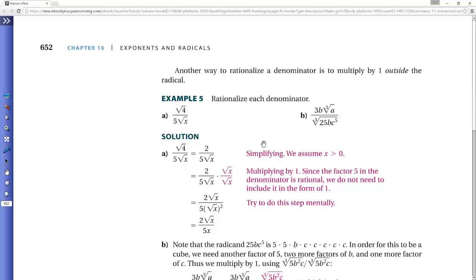Example 5, they want to rationalize the denominator, and what that means is I do not want any kind of radical in the denominator of my fraction. So example A here, they've got the square root of 4 over 5 times the square root of x. Now, the reality of this, when I look at this, is there's really no way I can simplify this per se, other than the square root of 4 is 2.